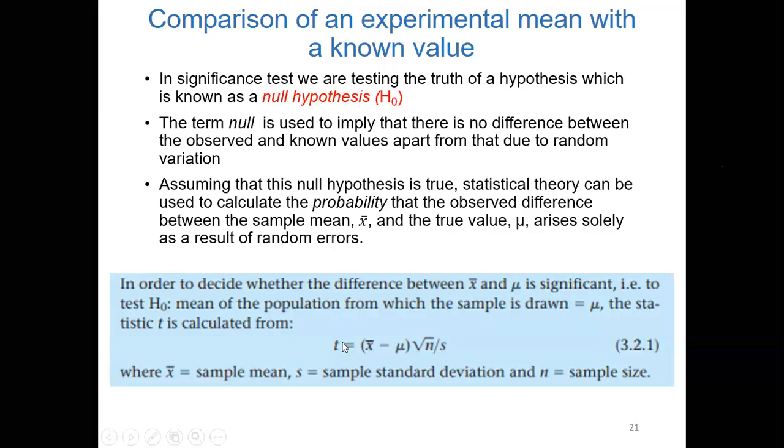So t equals x bar minus mu, times the square root of n, divided by the standard deviation. That is the equation that we use to determine t. All these equations you have to remember in your exam. We will not provide any of these equations.